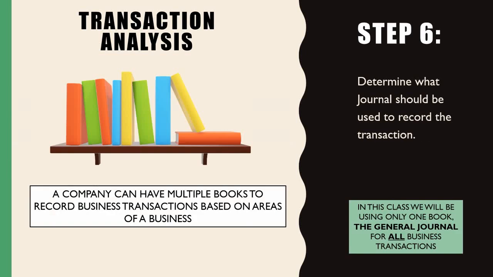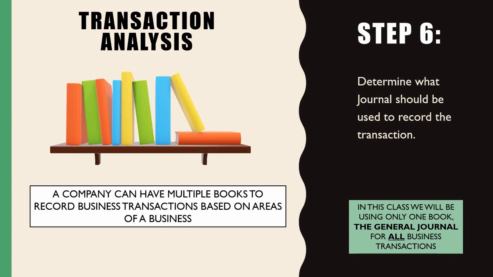So the next thing you're going to do is determine which book you're going to be recording this transaction in. Now in this case, depending on the business, you can have a separate book for sales, a separate book for purchases, a separate book for fixed assets, and so on and so forth. For this class, since we're learning from the very basics, we are only going to be utilizing one book, and that's just going to be called the General Journal.